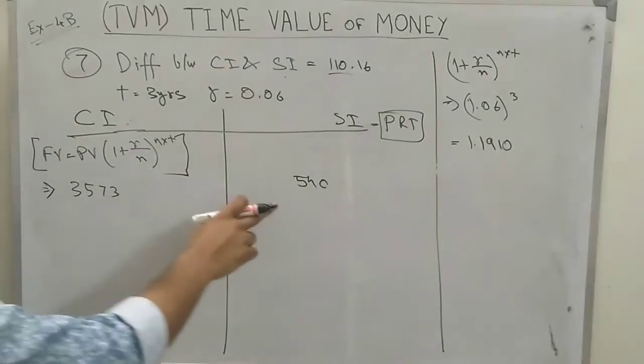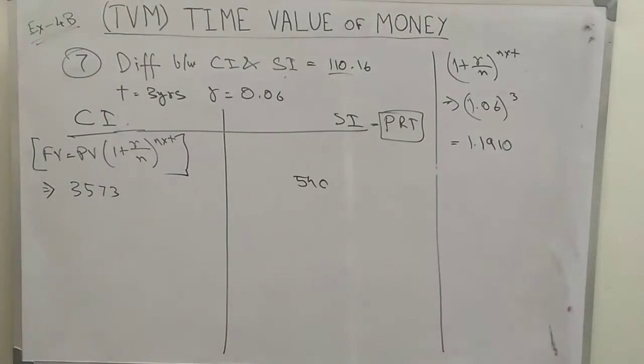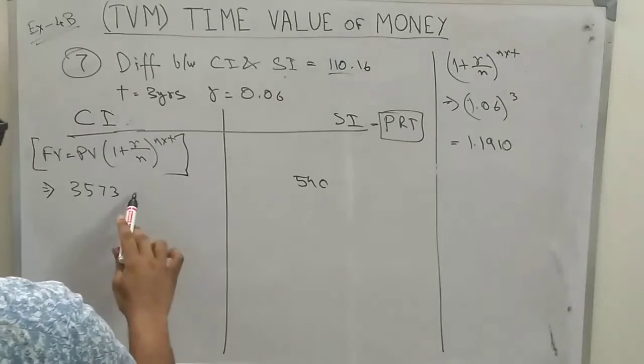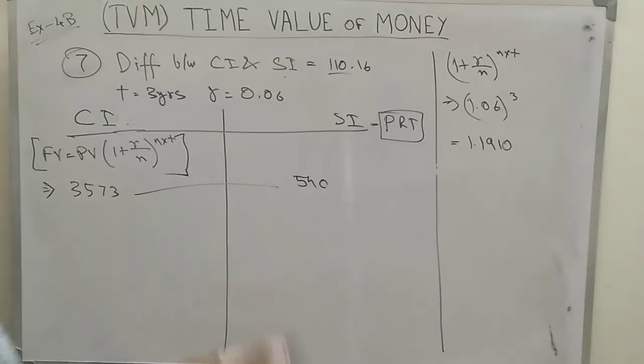So clearly the difference between these two is not 110.16, so 3000 is not the correct option. If we take the principal as 3000, it has such a huge difference, so 3700 also cannot be the answer.